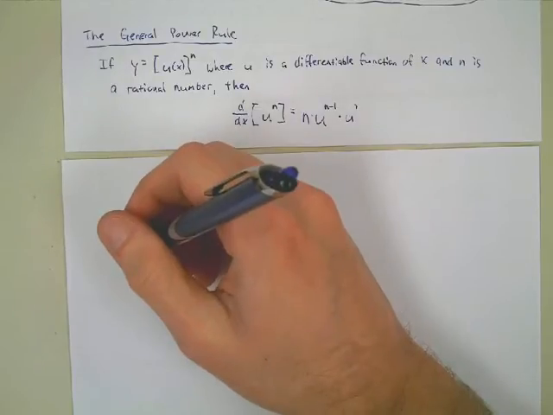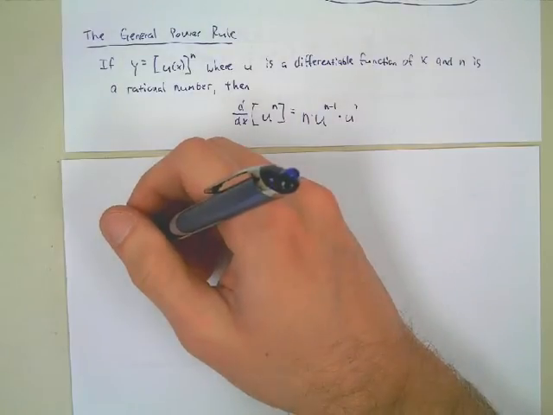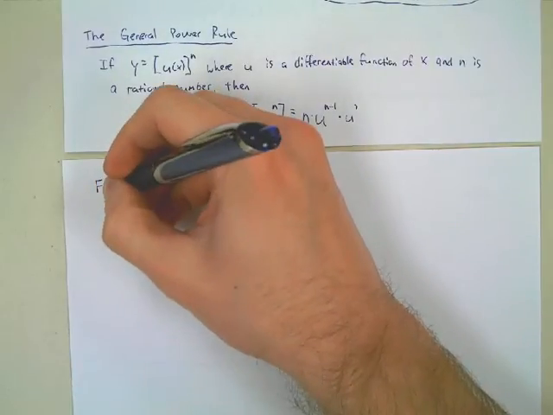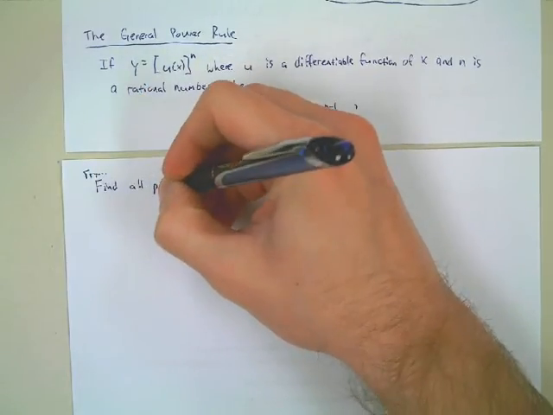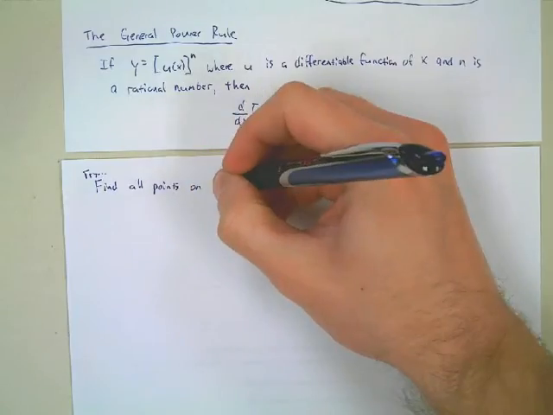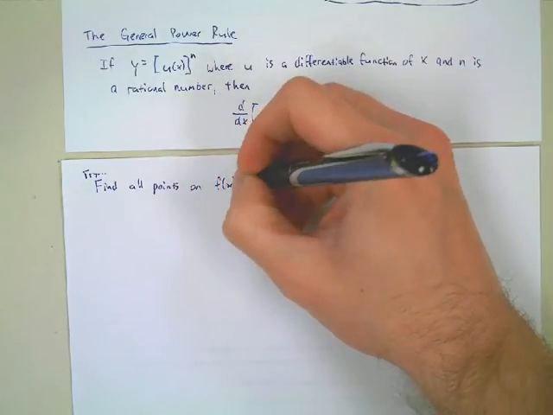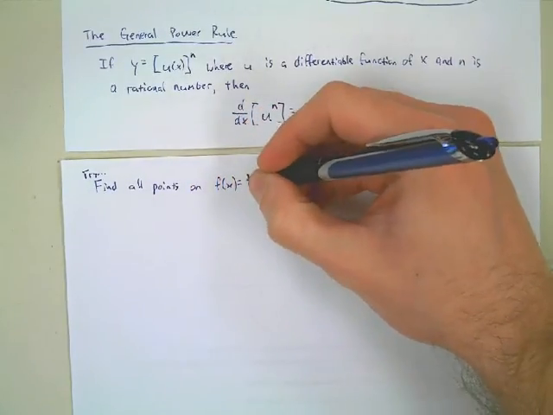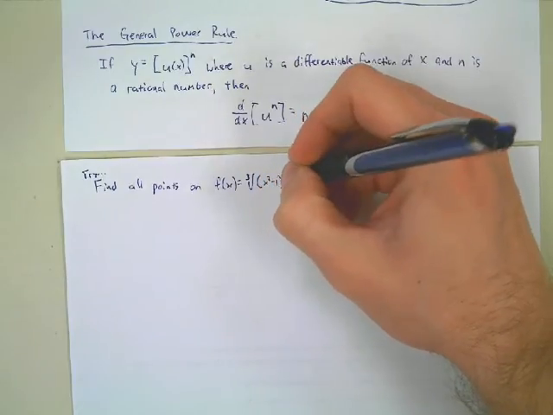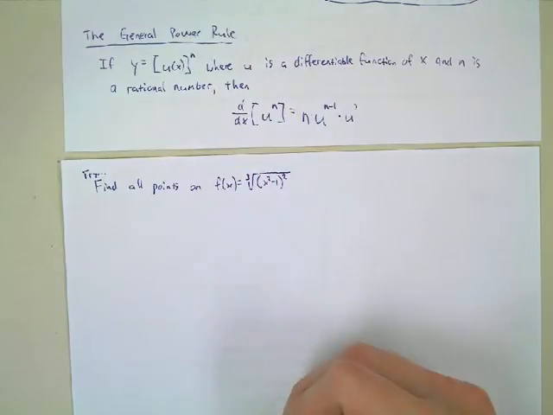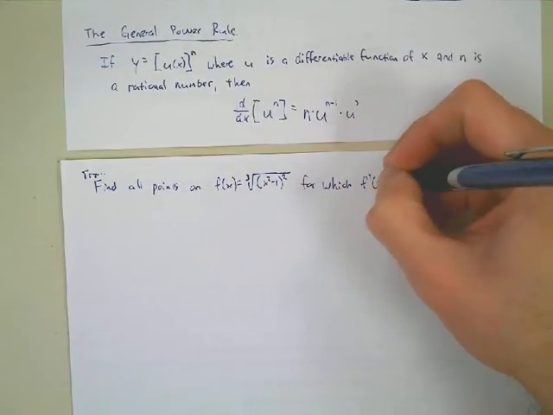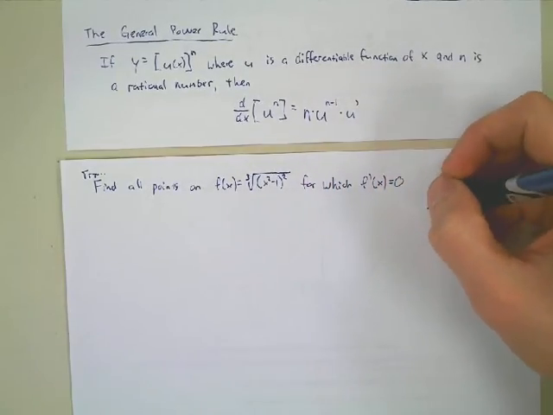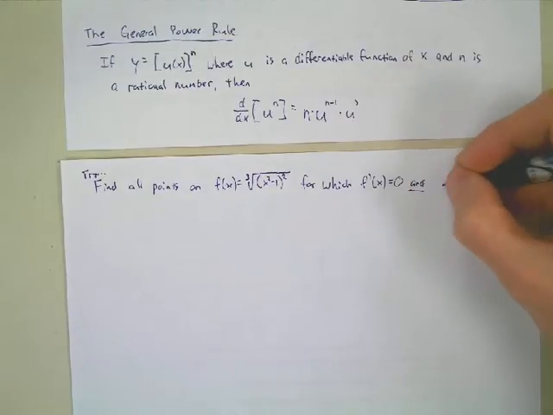Find all points on f of x equal to the cube root of x squared minus 1 quantity squared, for which f prime of x equals 0, and those for which f prime of x does not exist.